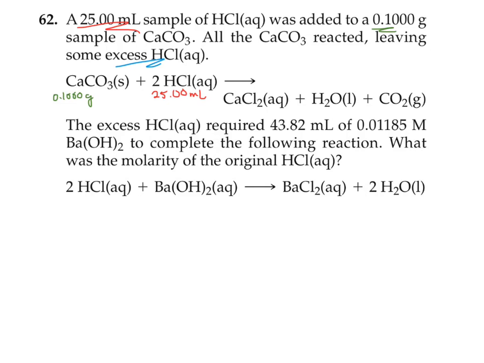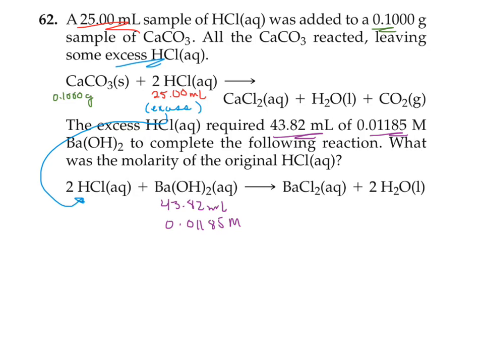If we call this equation 1 and equation 2, which I'm going to do in a minute, we're going to have HCl carry over and do this equation B. For equation B, we take our excess HCl that didn't react with our CaCO3, calcium carbonate, and we react it with barium hydroxide.